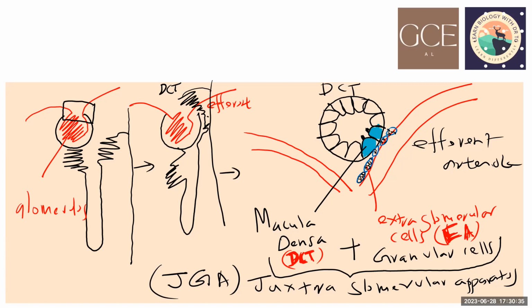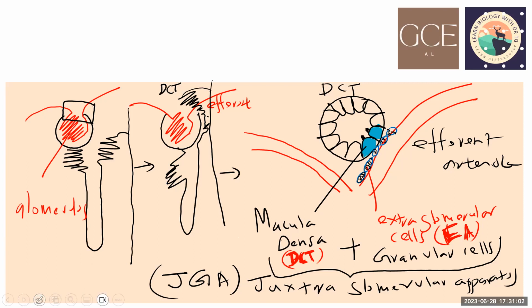Okay, now we'll see how this system is working. To understand this, first we have to start with: if blood pressure drops, or blood volume or pressure or solute concentration decreases.